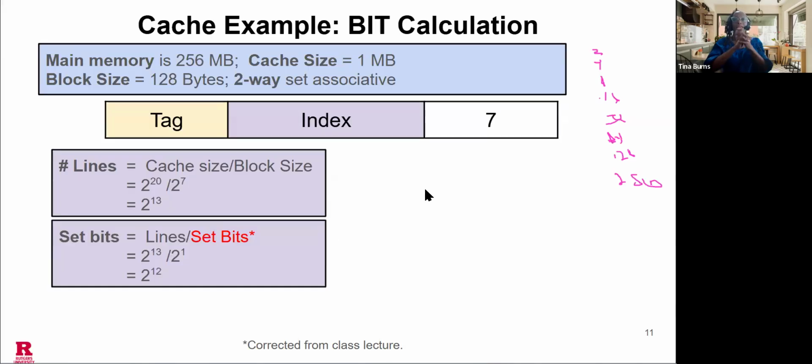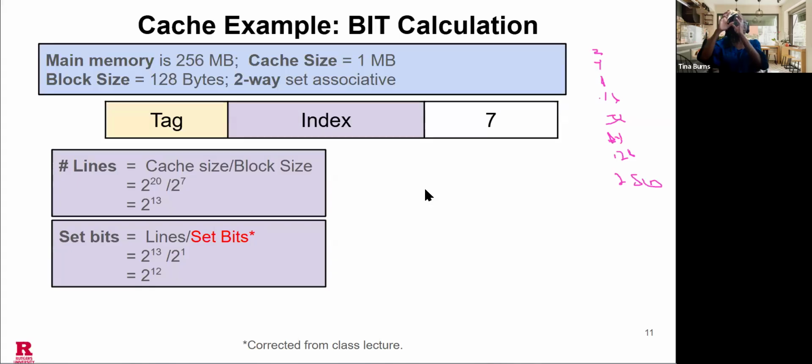Now, I'm going to take that and say, if this is a two-way set associative cache, then that means each cache set has 2 lines in it.